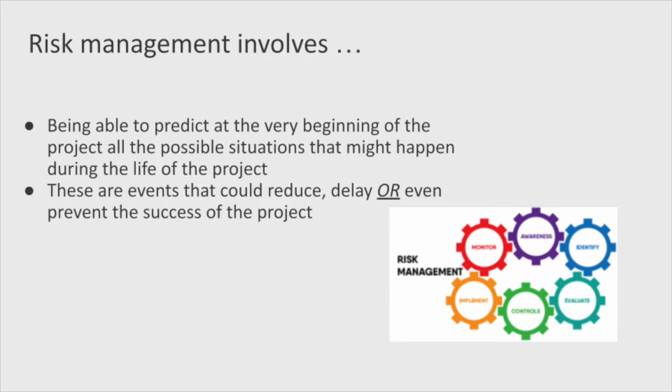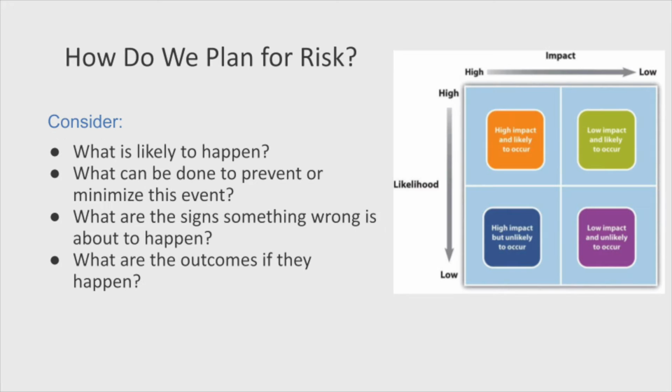Risk management has us predicting from the very beginning of the project what possible situations might happen and be able to plan for them and to plan around them. So there are events that could reduce or delay or even prevent the success of a project, and we need to think about those before the project ever starts.